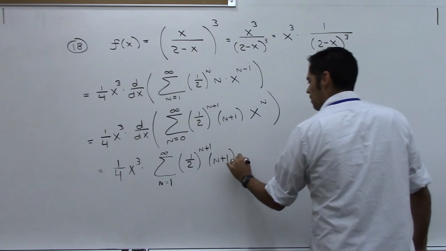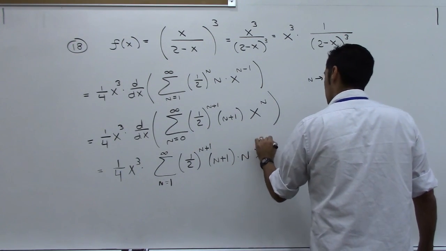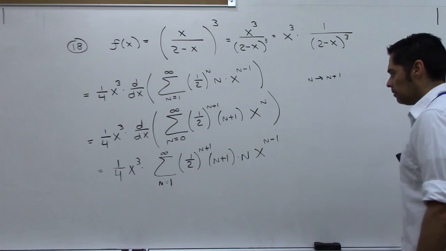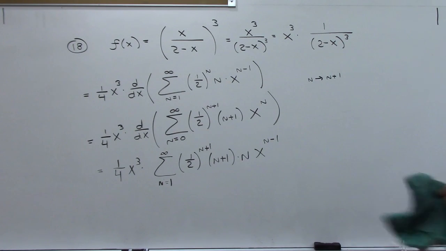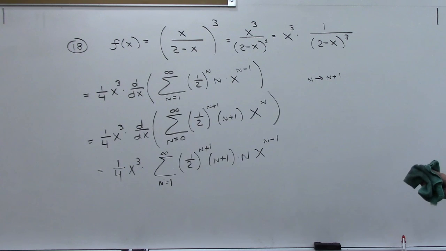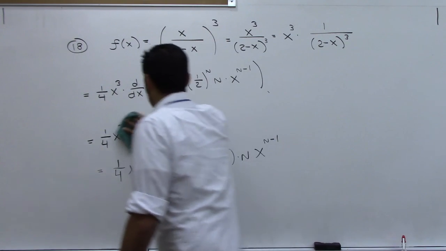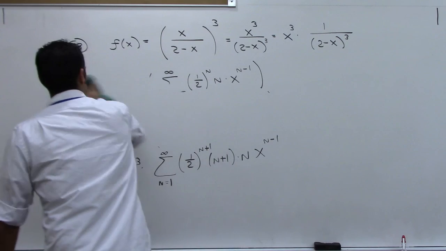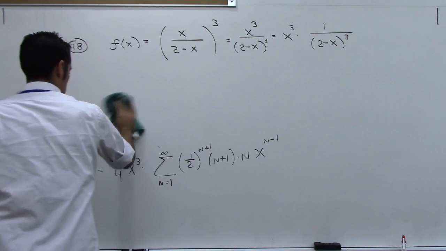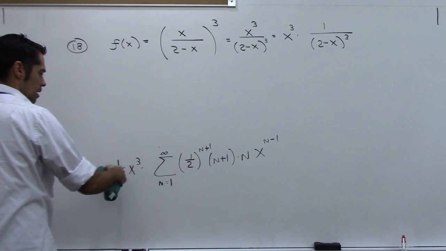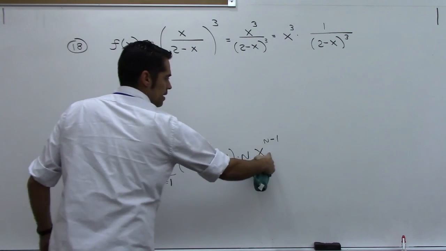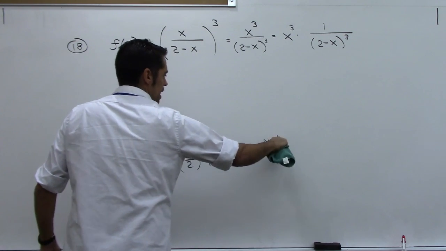But here the n comes out, then x to the n minus 1. The last thing I'm going to do is, well, I see some stuff I can do with that 1/4. All right, let's push this through now.